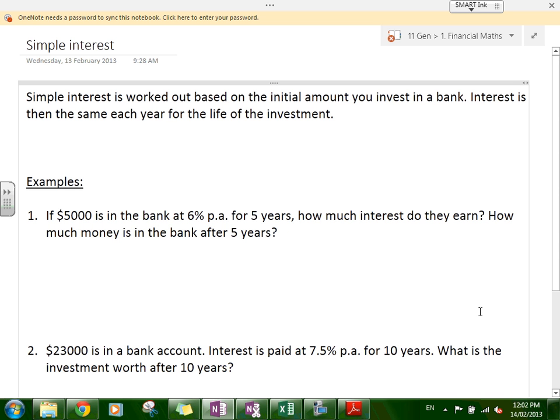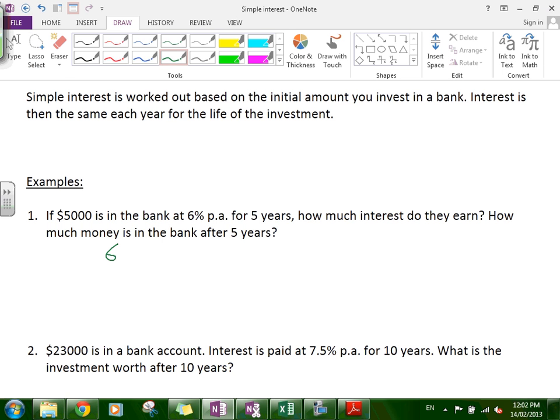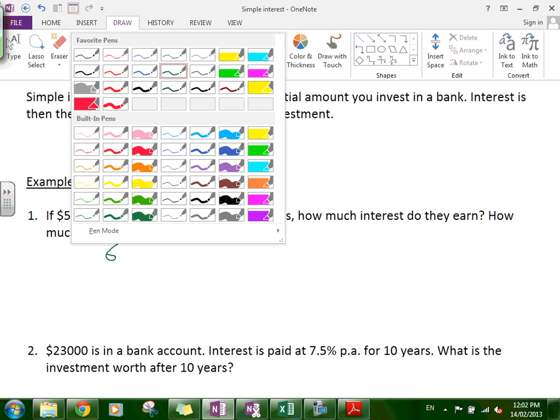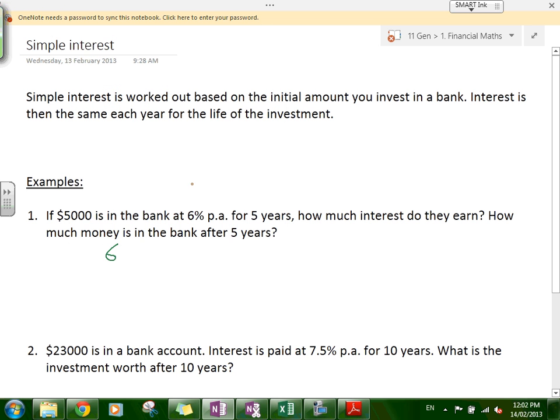So what we need to do is 6% of 5,000. We need to work out 6 over 100, multiplied by 5,000. That is equal to 300.